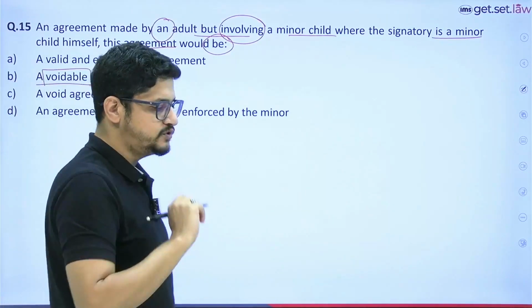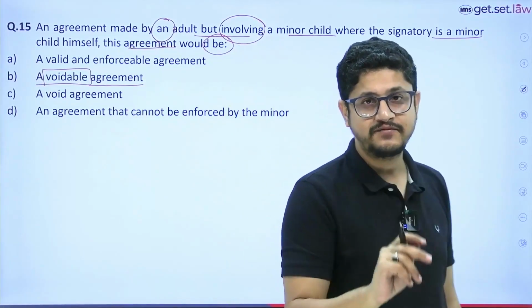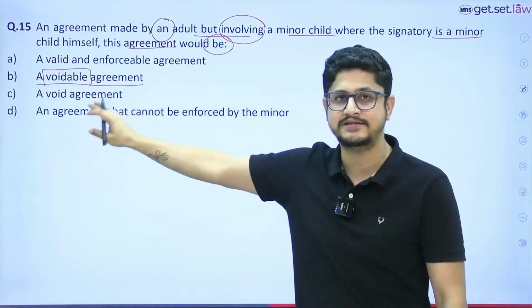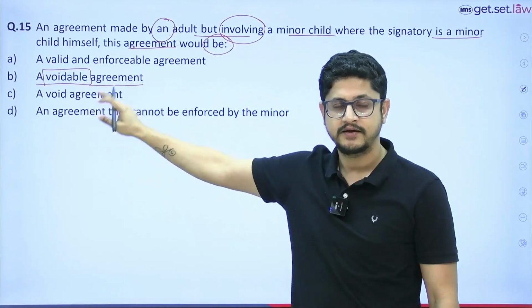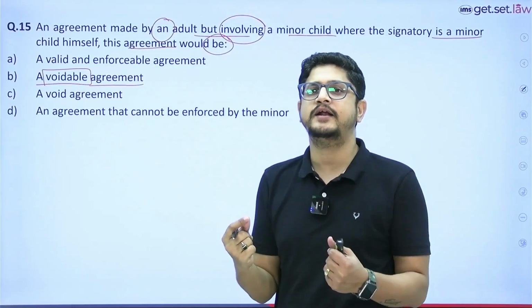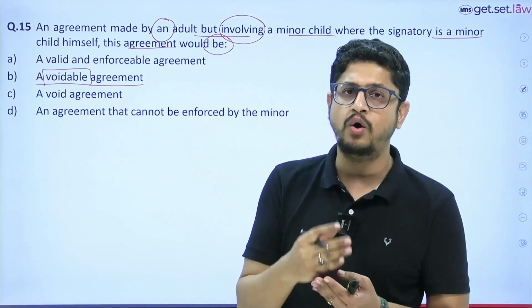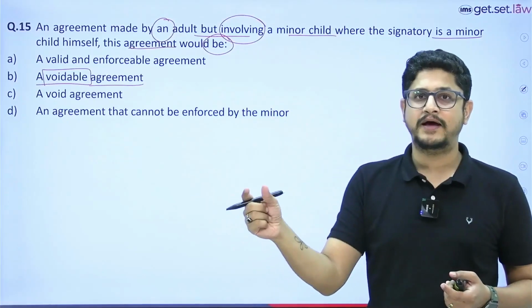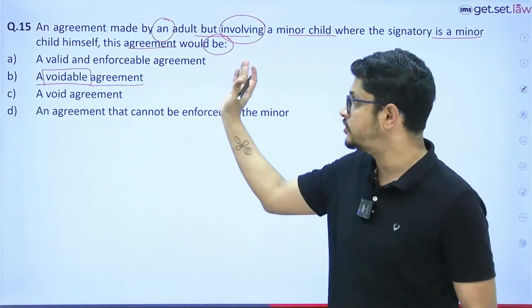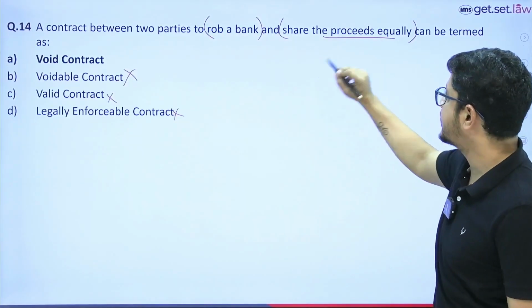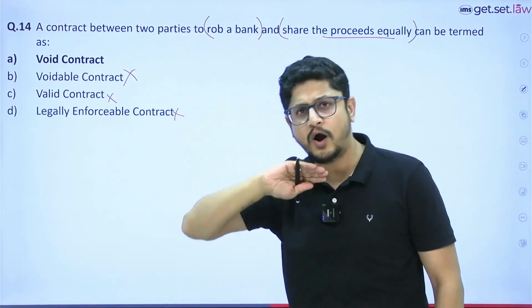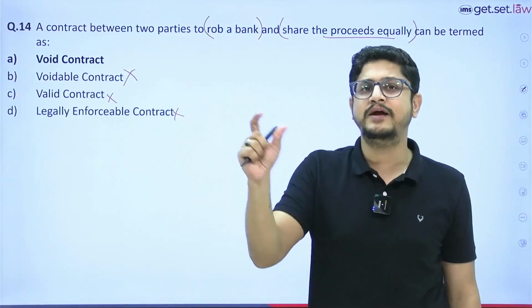But a lot of students went with option C, saying that since a minor is there, it is a void agreement. That is not correct. That is where the interpretative part comes into the picture: how well you have understood the paragraph and your knowledge about it, because you need to read the question properly. Like in the previous question, it says rob a bank and share the proceeds. Rob a bank is outrightly illegal. It can't even have a validity part.